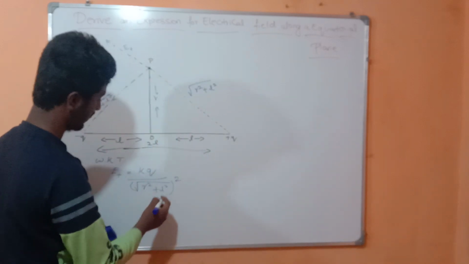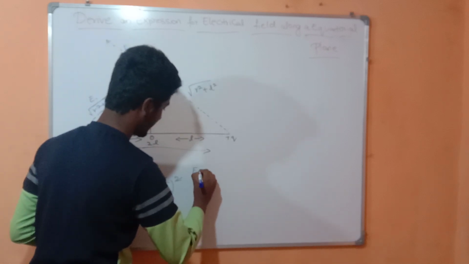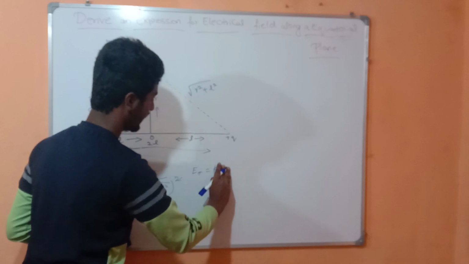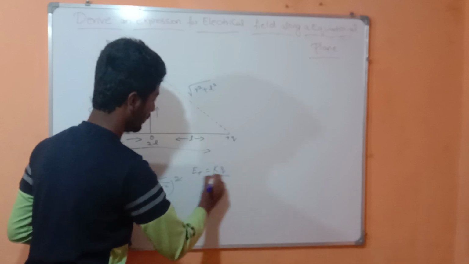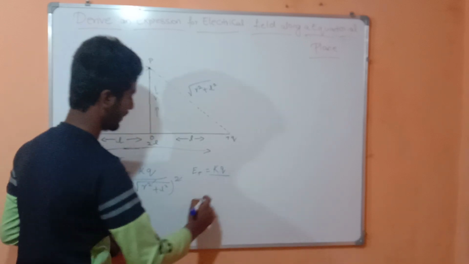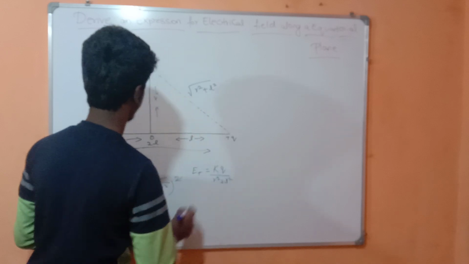What happens now? Square and square root are going to cancel. What do we have left? E plus will be equal to K times Q divided by R square plus L square.